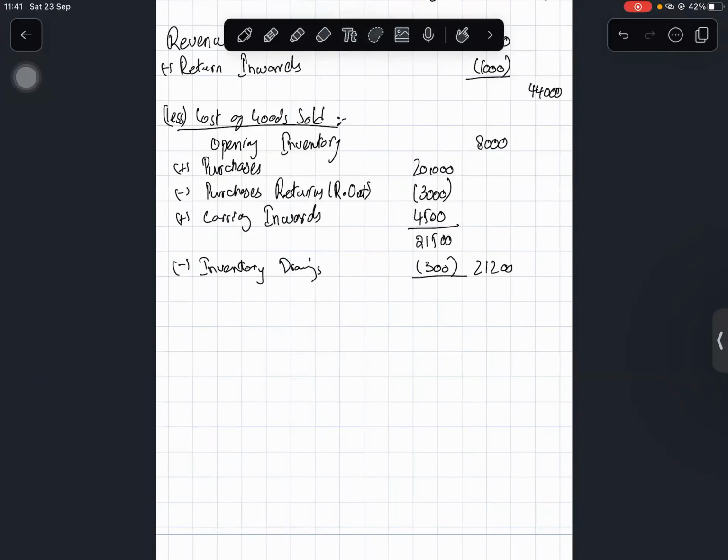After which we will subtract the closing inventory, which is 7,000, and we will arrive at the total cost of sales figure, which is 22,200.